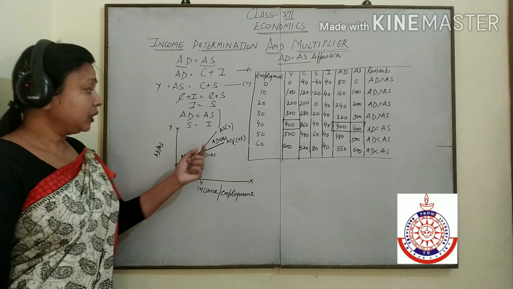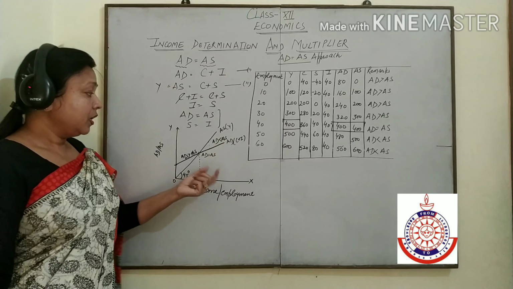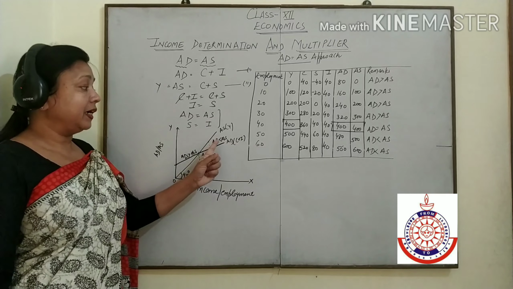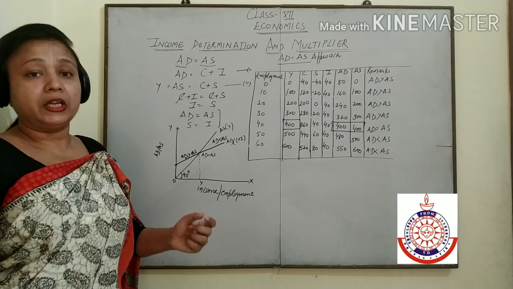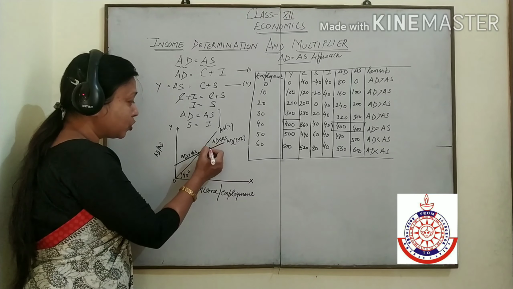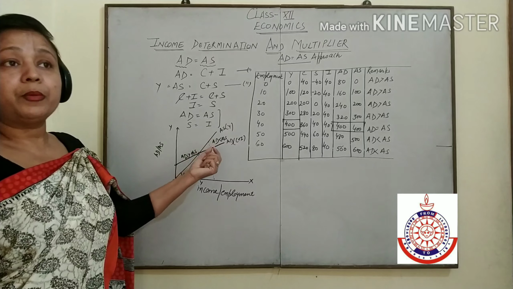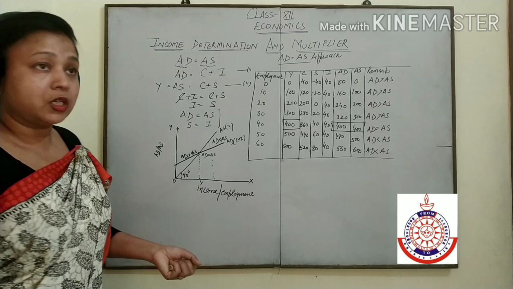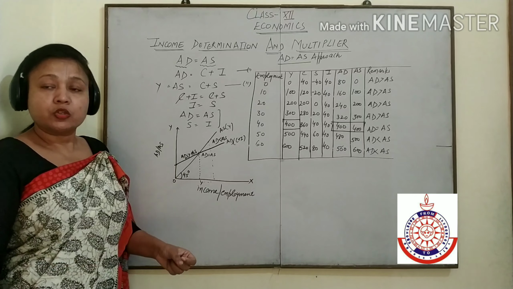If planned demand is less than planned supply, now unsold stock is left. Here unsold stock is left. So the producer will plan less in the future, so that income will be reduced.